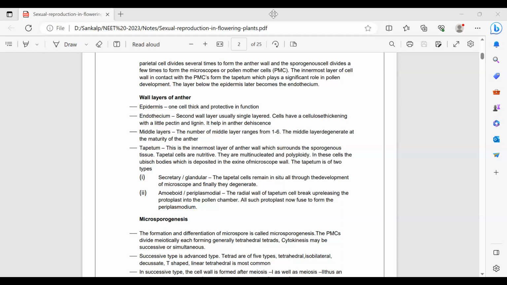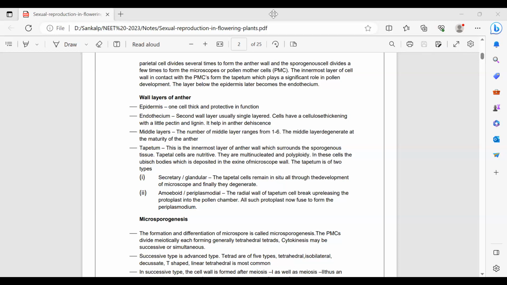The tapetum is of two types. Secretory or glandular: the tapetal cells remain in situ all through the development of the microspore, and finally they degenerate.